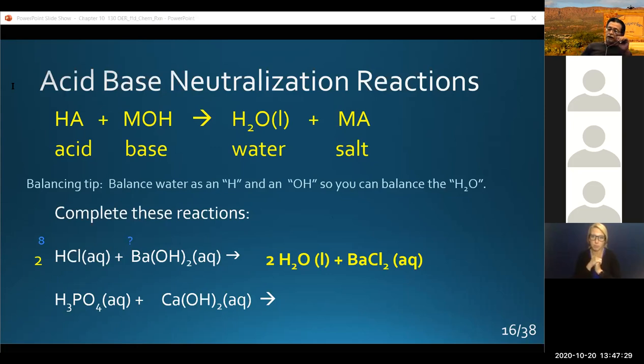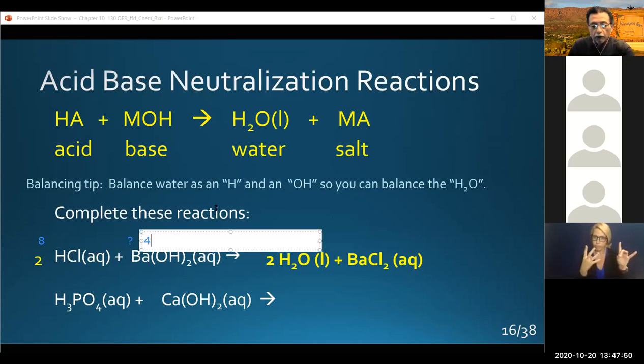If you had 8 HCl's, how many barium hydroxides would you need to make sure that the 8 hydrochloric acids get neutralized? Would it be 4? Got it. Exactly. It would be exactly 4.